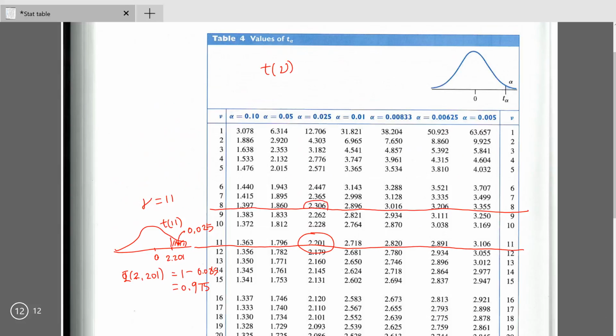So this is 2.306, and this is the corresponding alpha. So 2.306 corresponding alpha is 0.025. What does that mean?